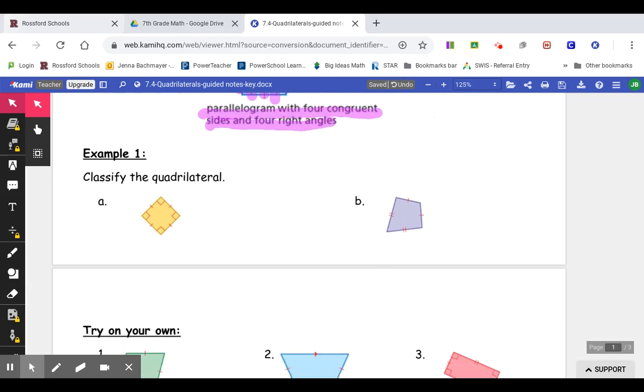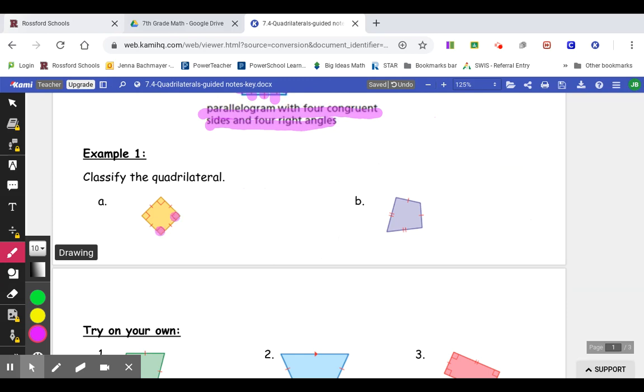We have to classify this quadrilateral. When we look at this quadrilateral, we have 4 right angles and we have 4 congruent sides. So this one would end up being a square. Okay, let's look at B. We have 2 pairs of congruent sides that are adjacent to each other and not opposite.